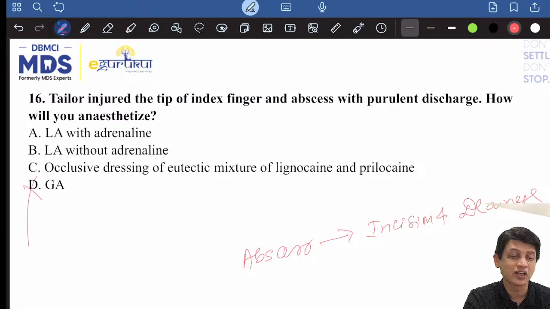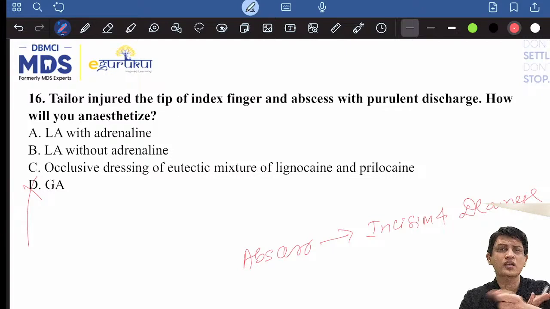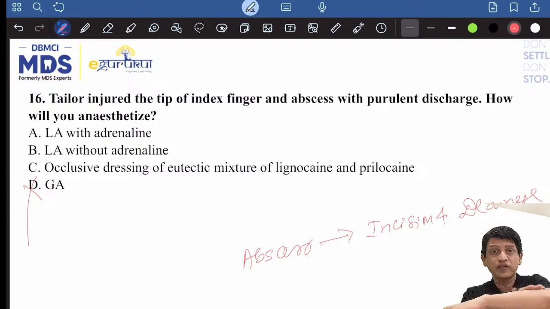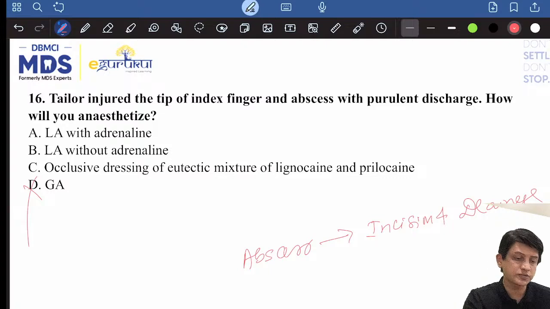Eutectic mixture means prilocaine and lignocaine, two local anesthetics mixed in a definite proportion to make a locally acting anesthetic. That's usually used as a surface anesthesia, for example for venipuncture or venous cannulation in a kid, or skin grafting, where you want surface anesthesia of the skin. It is called a eutectic mixture of any two local anesthetics. Now the answer is between A or B.